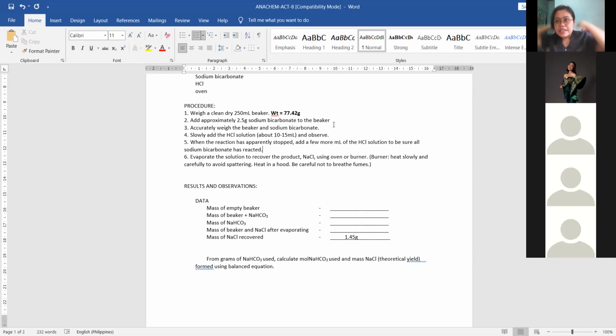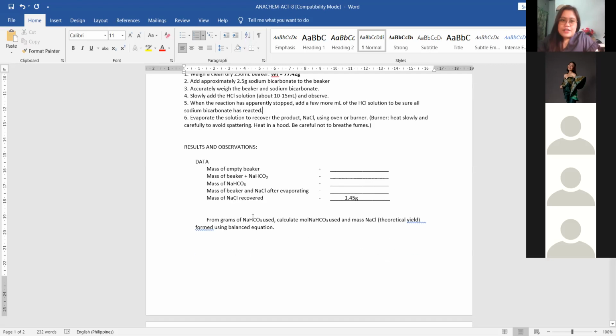So we have to do it inside the fume hood para dili nato siya ma-inhale. So sa fume hood man good, it's a closed one. You just ang imuha lang isulod sa fume hood imuhang kamot, and then the gas class will be i-absorb siya pataas class, and then dili na nimo siya ma-inhale. So, results and observation.